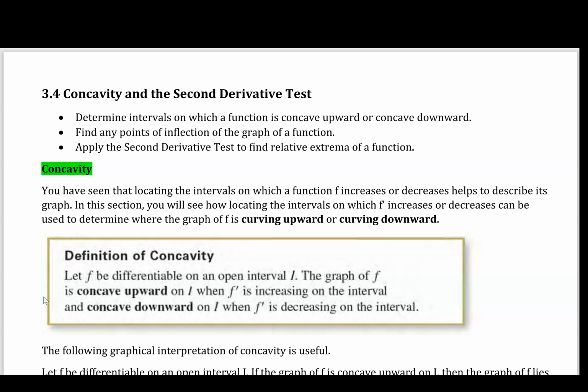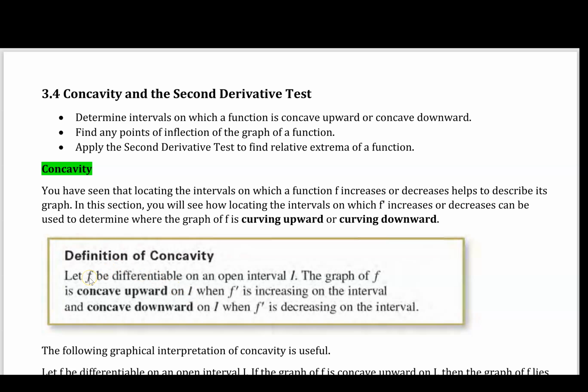In this section, you will see how locating the intervals for which the first derivative increases or decreases can be used to determine where the graph is concave upward or concave downward. So what does it mean to have a graph that is concave upward on an interval?